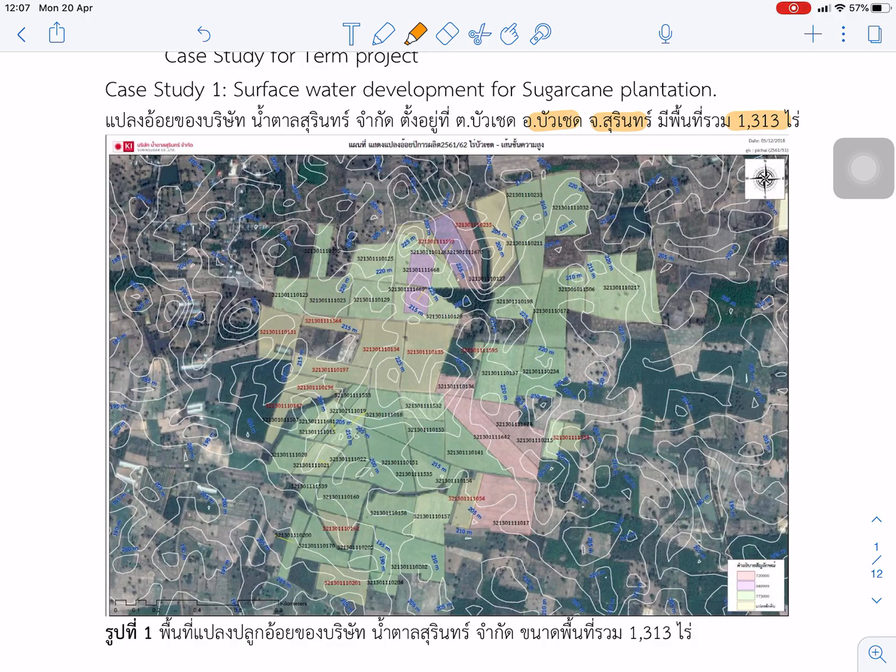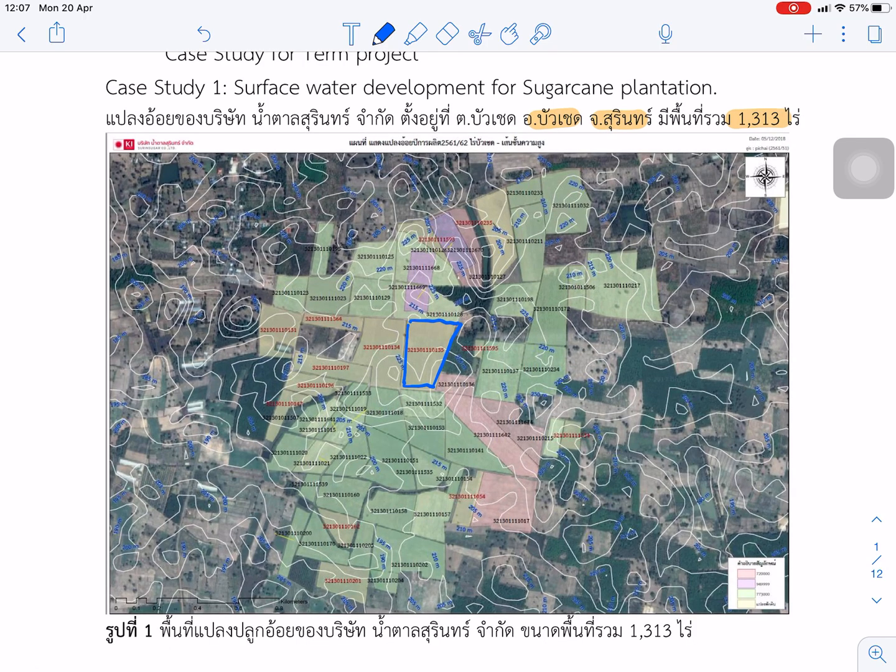The background is the aerial photo map, and the green color is the plot, or the area of the sugarcane plantation, about 1,300 rai. Each square means just the plot area for each plot, and the white color is the contour line.